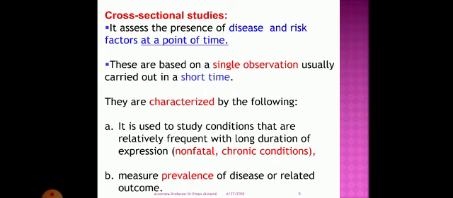Each pupil will be examined once, and we see how many individuals have anemia at that point of time. So it will measure the prevalence of anemia among school children in a certain period of time.